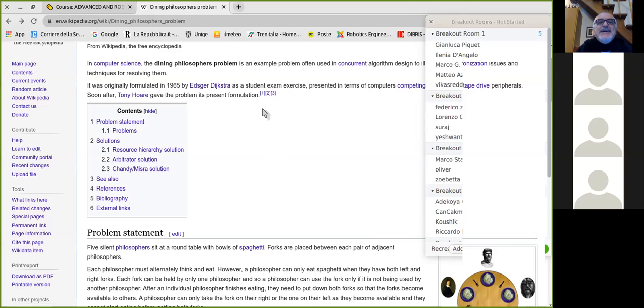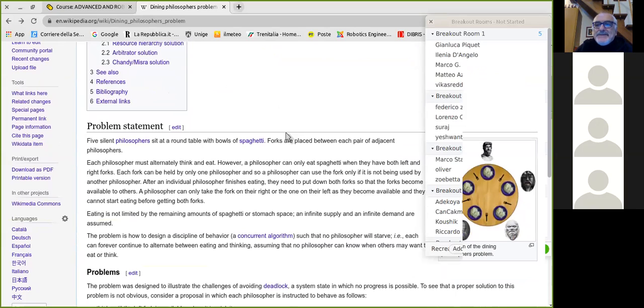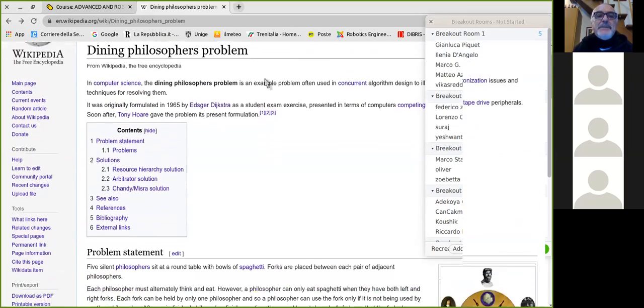Without Dijkstra's semaphore, we would have no computer working like we know today. So it's a short tale. You can go and browse the internet, asking for the dining philosophers problem.